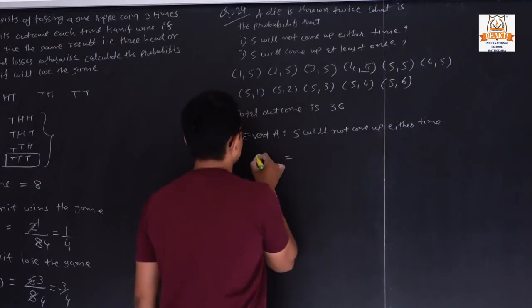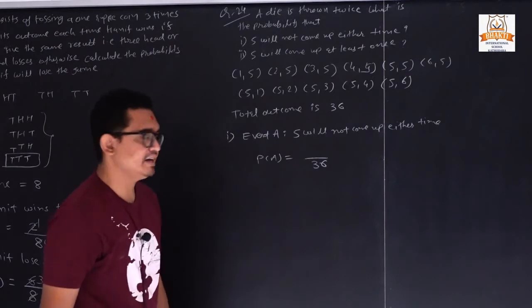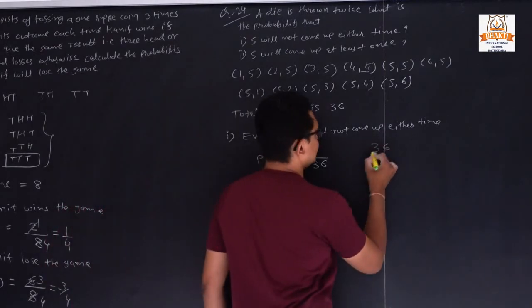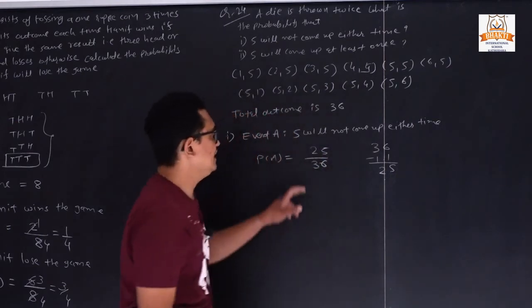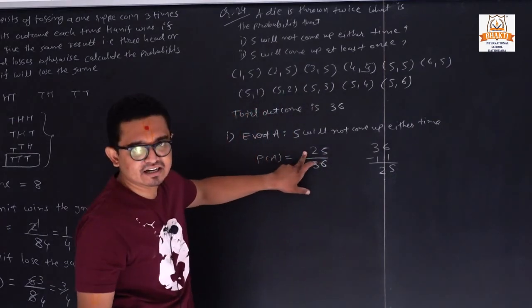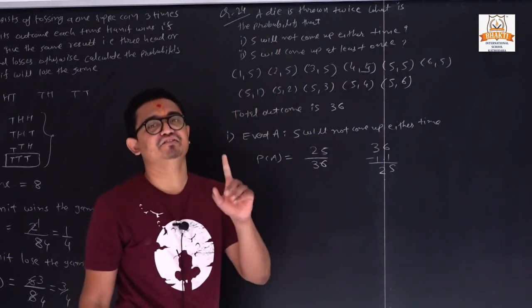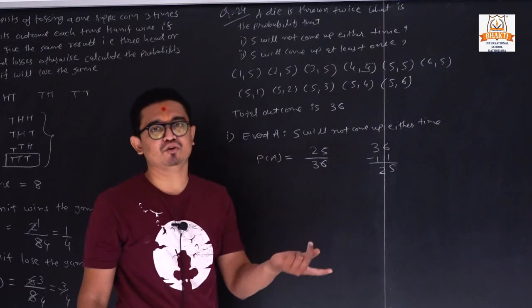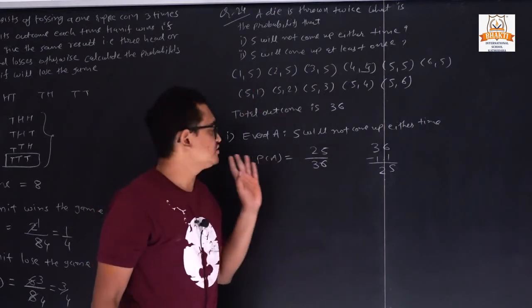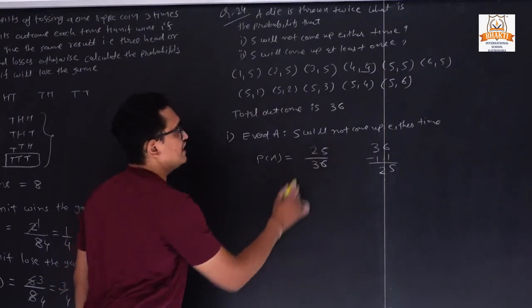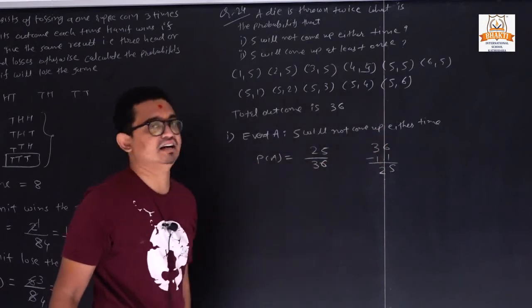So P of A is equal to, out of 36 we subtract 11. 36 minus 11 is 25. So 25 events are those events in which 5 will not come. Clear? Like 1 1, 1 2, 1 3, 1 4, 1 6, because 1 5 is already there. So the 25 events are those in which 5 will not come up either time.